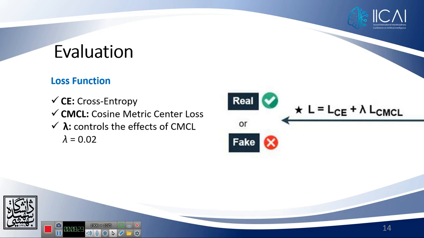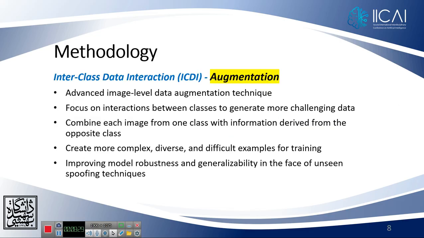We will go through what the CMCL loss function is. But for the generalization and cross-forgery task, we utilize three modules, and ICDI, which stands for interclass data interaction, is the first one.